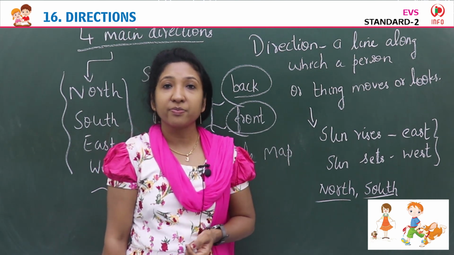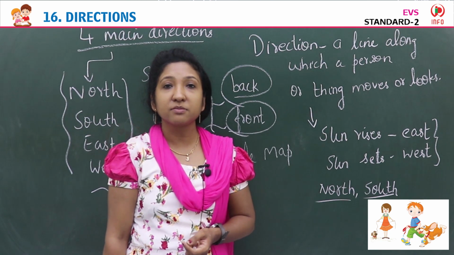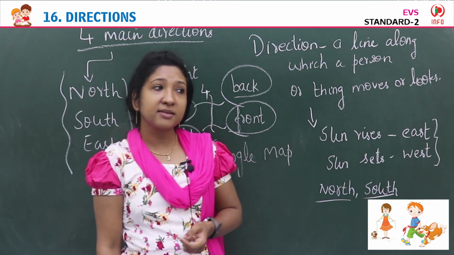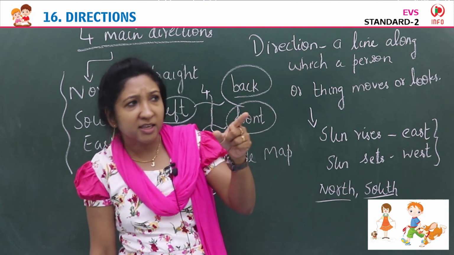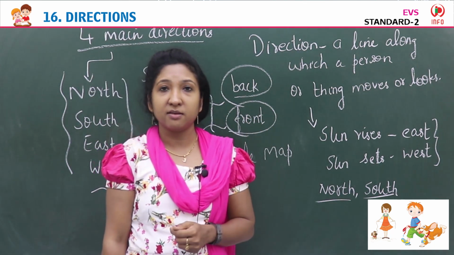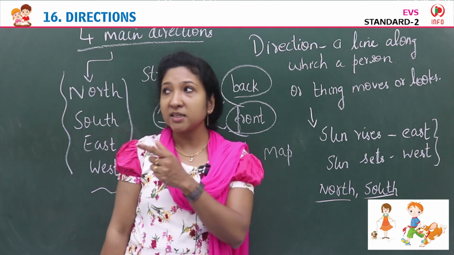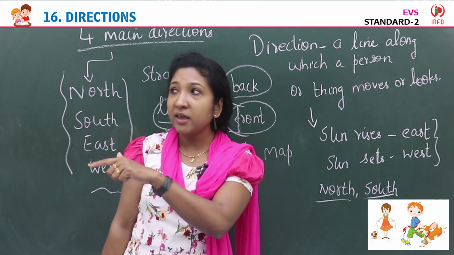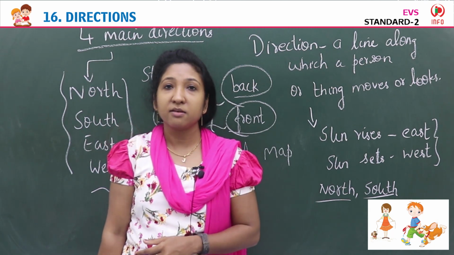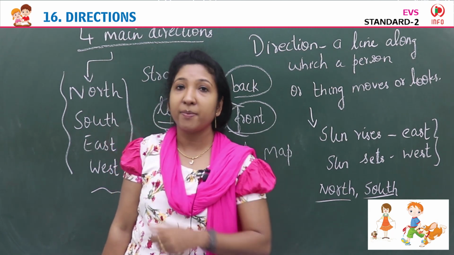So we use these terms: front, back, opposite. Where is that mango tree? We can see the mango tree to the left of my house. Where is that temple? Sai Baba temple is to the right of my house, or right of that shop.